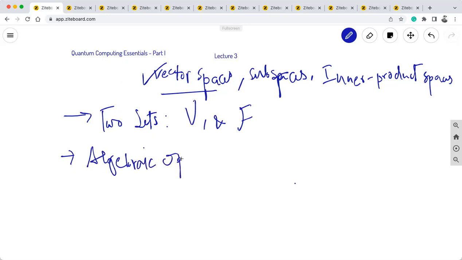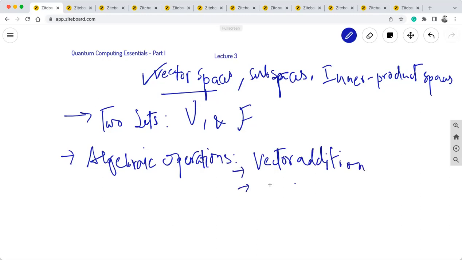The first operation is known as vector addition, and the second operation is known as scalar multiplication.